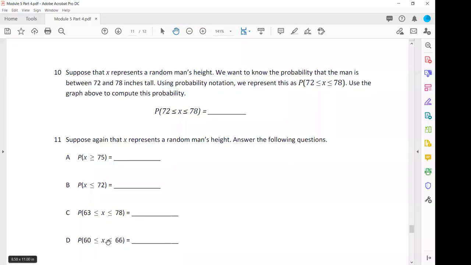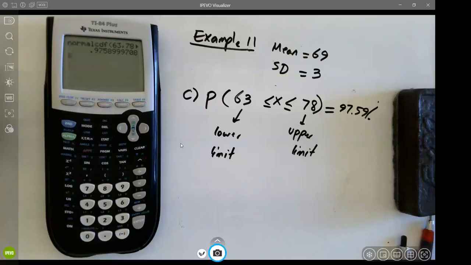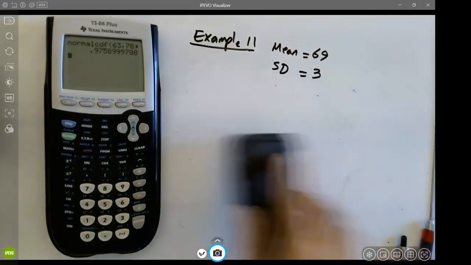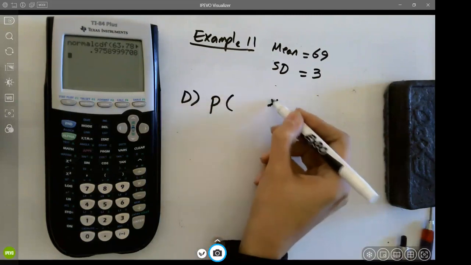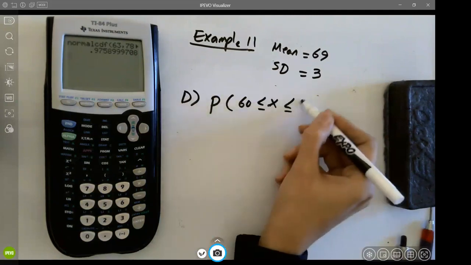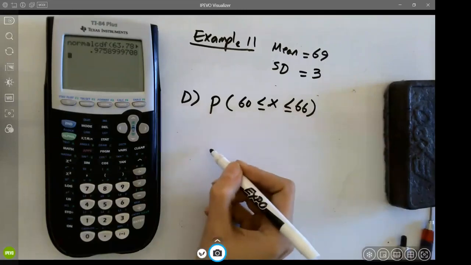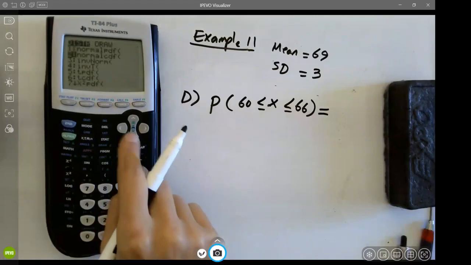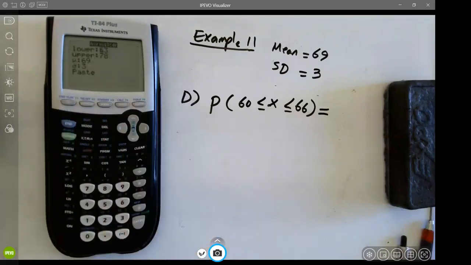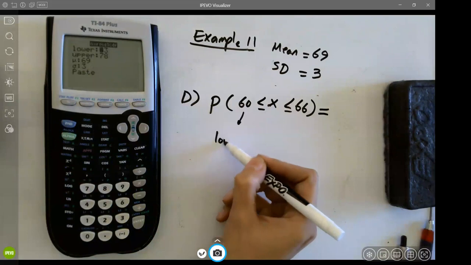And finally, part D says find the probability that X is in between 60 to 66. We go to second VARS, normal CDF. Our lower limit is 60.